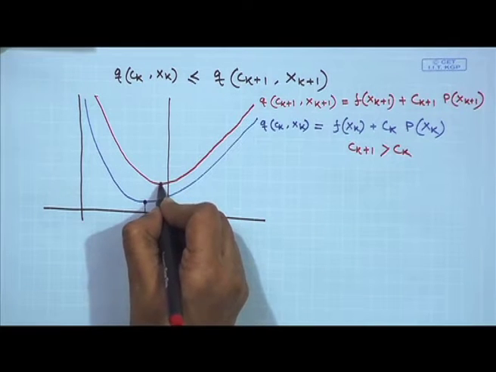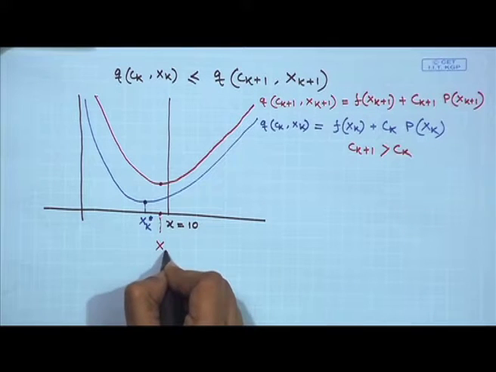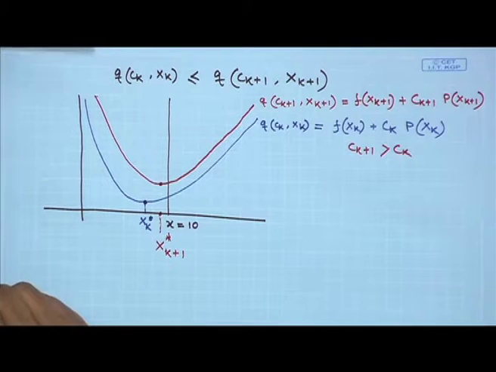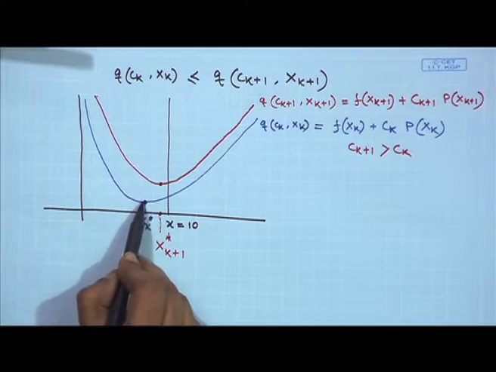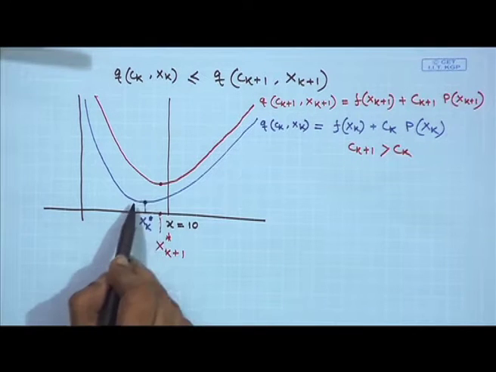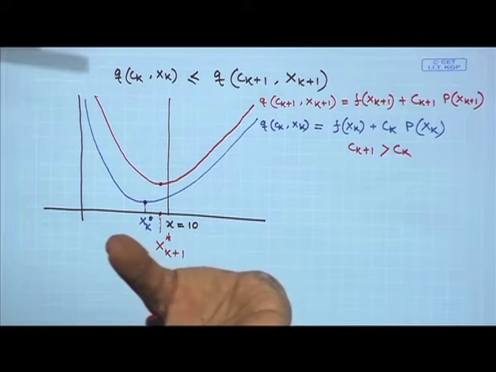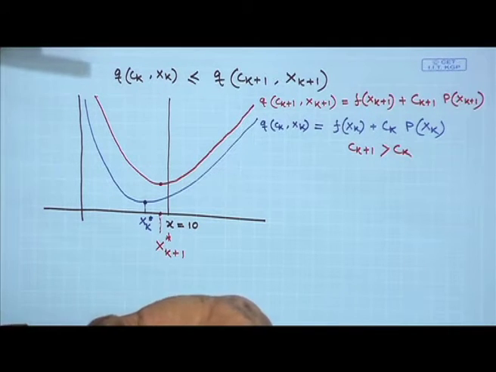Say this is the optimal solution for this, that is why this value is coming as xk plus 1 star. As you have felt, in the exterior penalty function method we get a sequence of optimal solutions, and the limit point of the sequence is the optimal solution of the original problem.